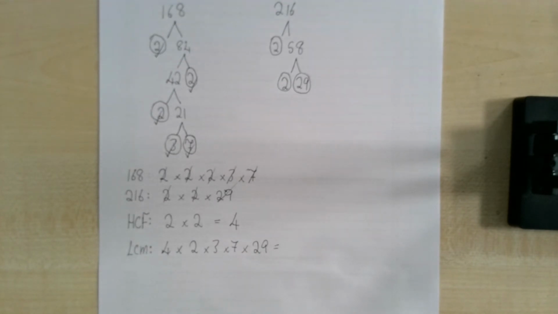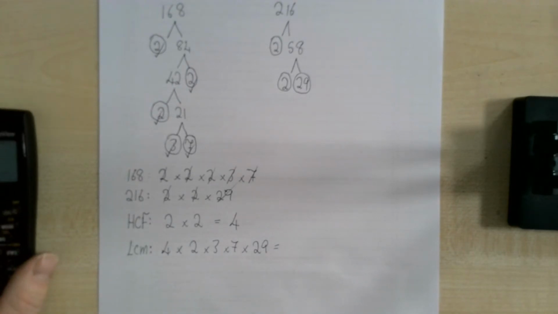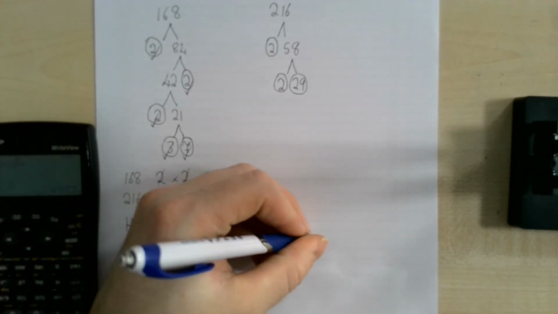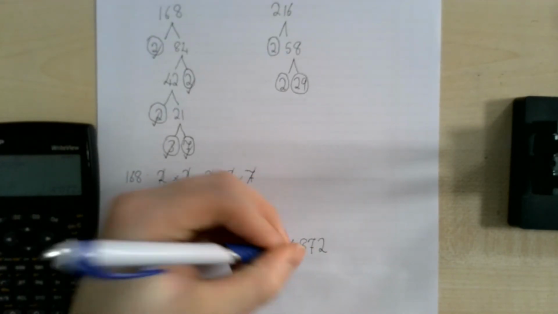So multiplying them together, we end up with 4,872, which obviously is a very large number.